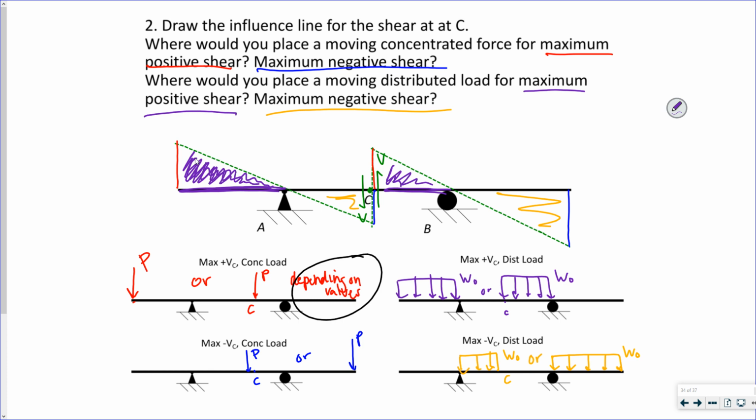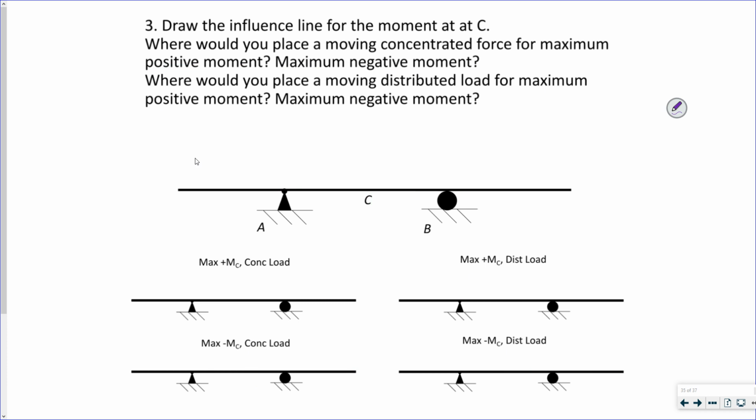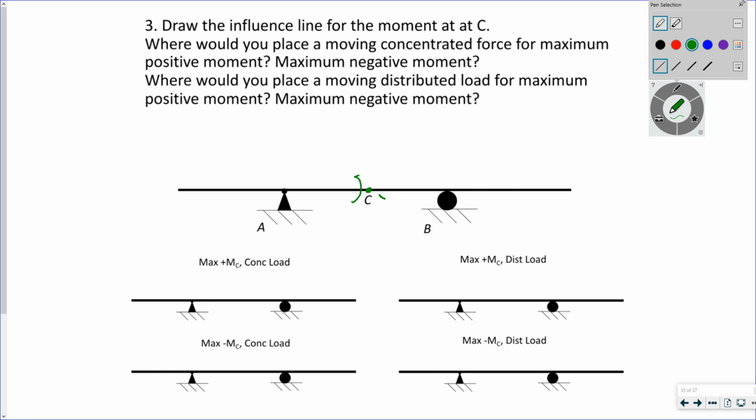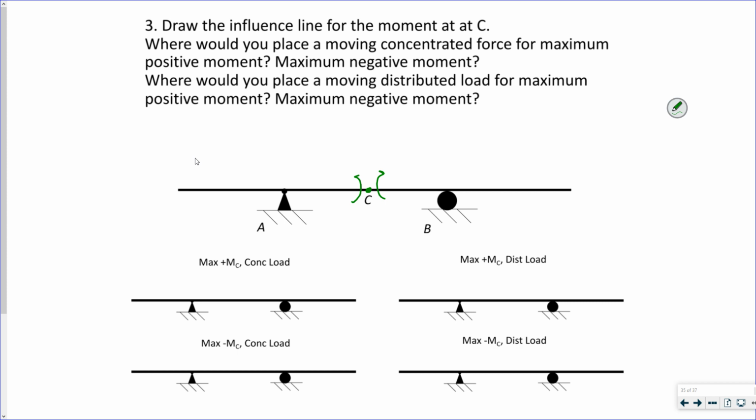And finally, let's see if we have a moment at C. What I'm going to do is put a hinge right at C. If I want to draw this moment, I'm going to apply an angular moment, right?